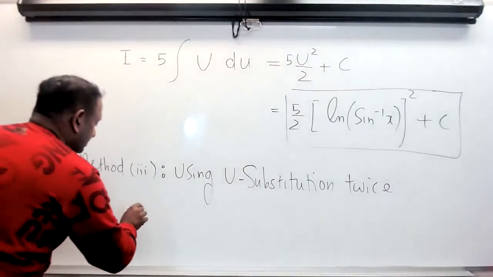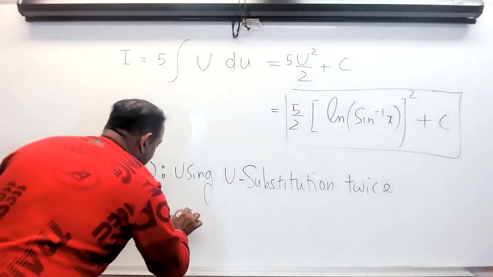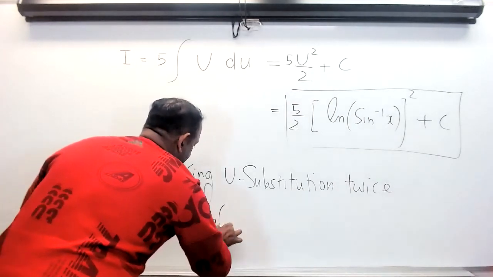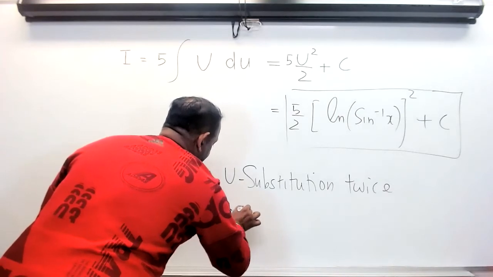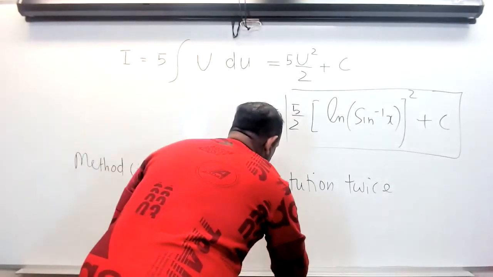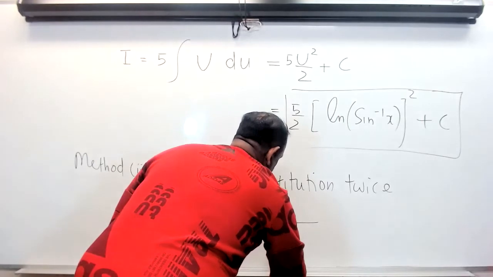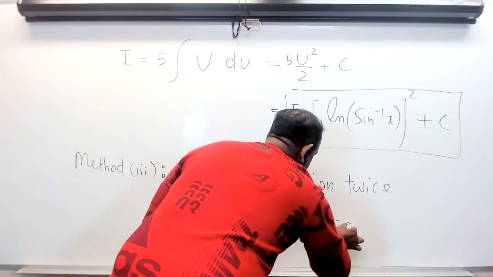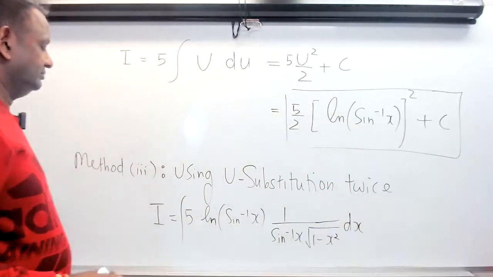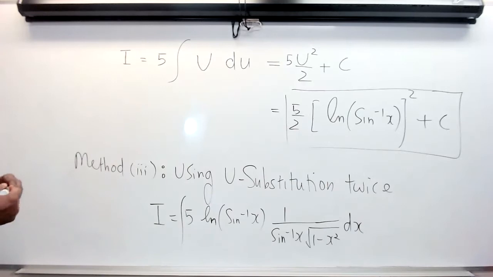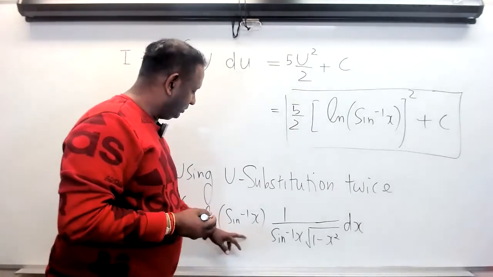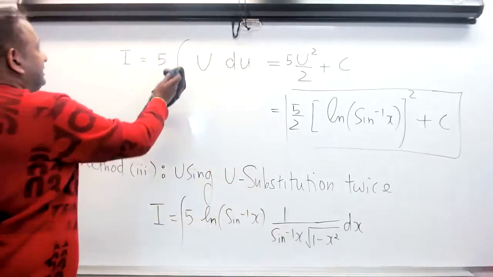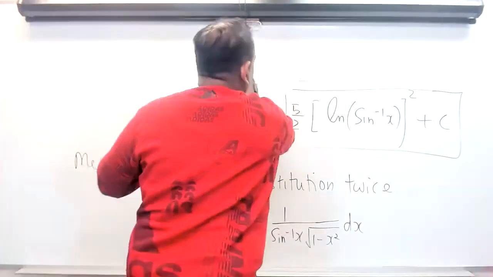That means we have an integral like this, okay? 5 times the integral of ln(sin⁻¹x) times 1/(sin⁻¹x) times 1/√(1 − x²) dx. We have this one. Sometimes by accident, instead of taking the whole thing as a u, you're going to take this one only as u. Still okay. That's why we are still okay by accident.